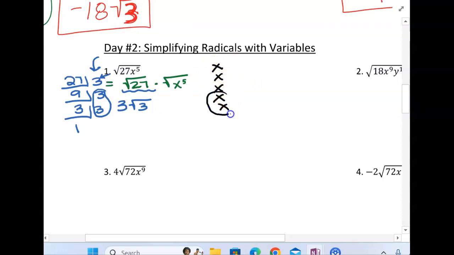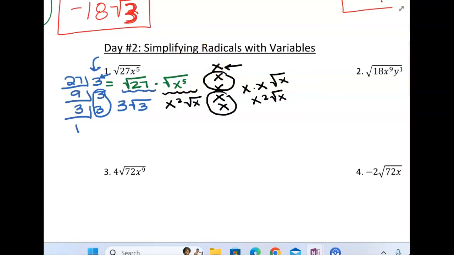I can pair them up, so I have 2 pairs, and then I have 1 left over. Think of this as the same thing as if we had numbers. The pairs come out front, and because there's more than 1 pair, we multiply them. And then our leftovers still go in the fridge. So this is simply x squared square root of x. So I can rewrite x to the fifth as x squared square root of x.